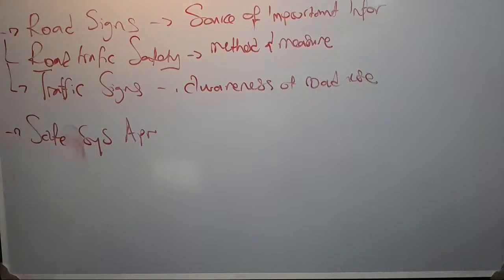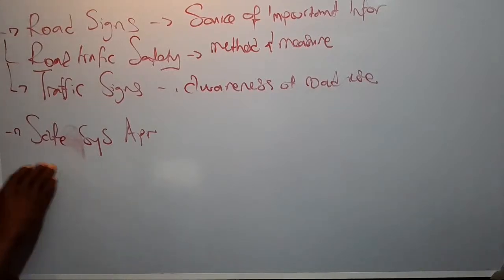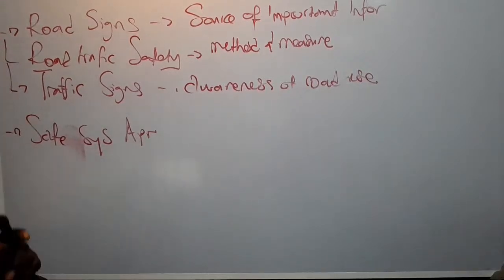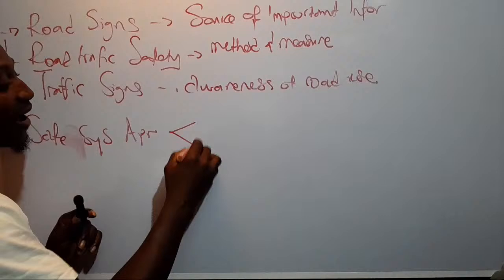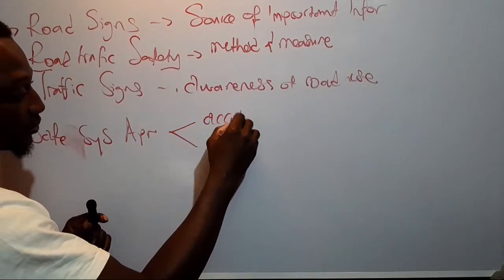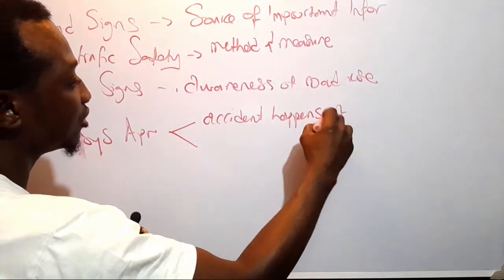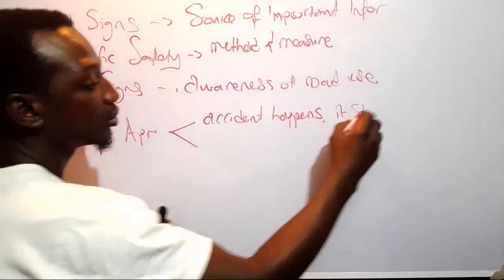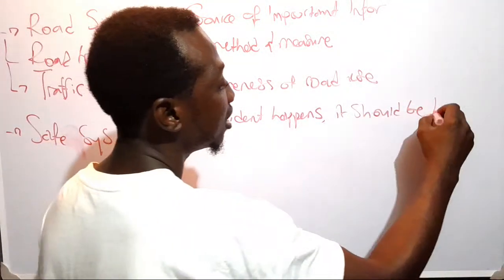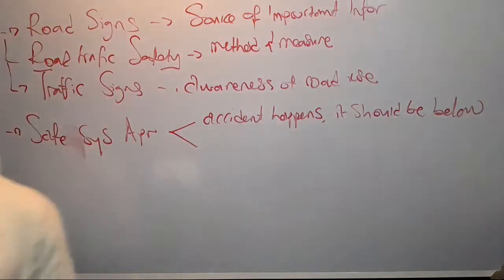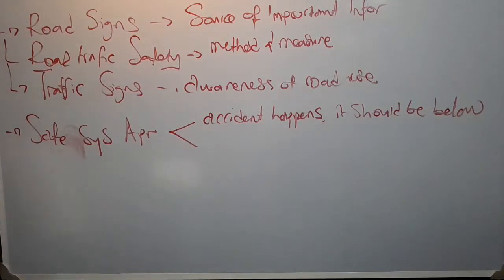guarantee that whenever there is a crash, the energies of impact is well below the threshold that can cause either serious injury or otherwise. So this safe system approach says that whenever accidents happen, it should be below.